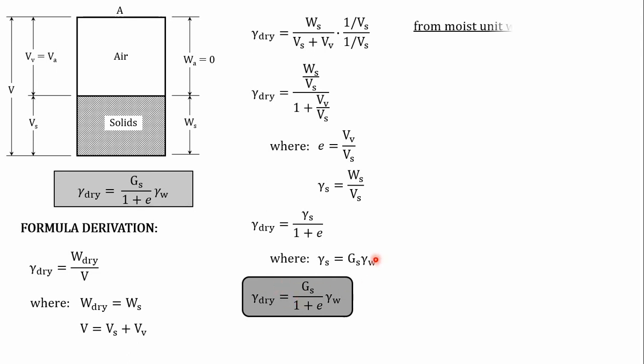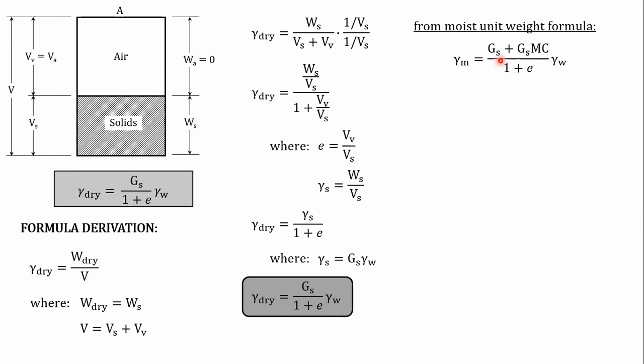How about yung pangalawang formula niya, which is unit weight dry is equal to unit weight moist over 1 plus moisture content. Paano na-derive yon? From moist unit weight formula na derive natin kanina, ito yon: moist unit weight is equal to GS plus GSMC divided by 1 plus E times unit weight of water.